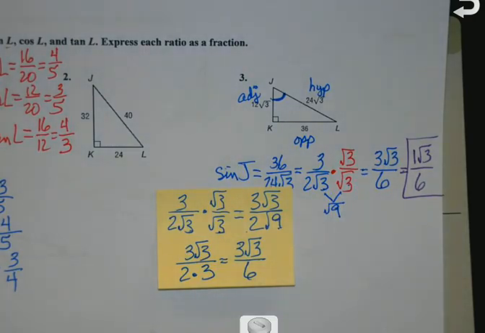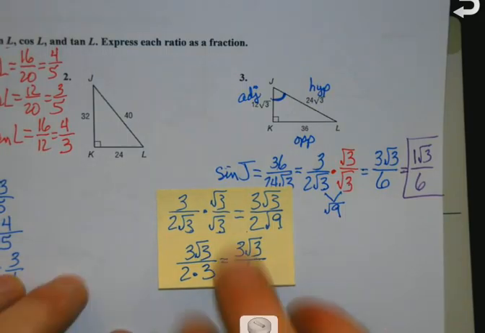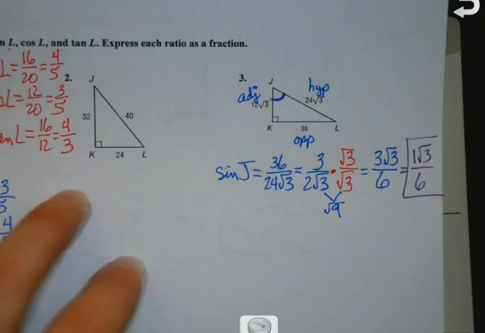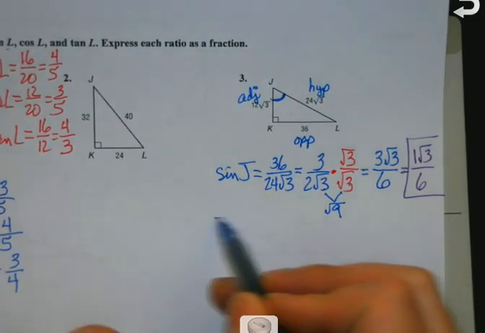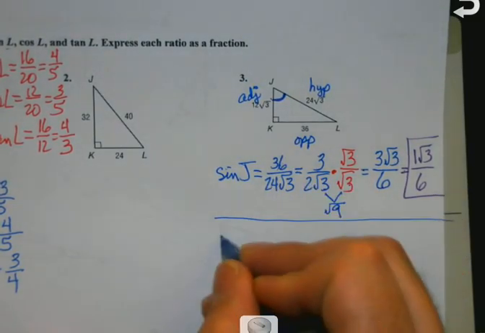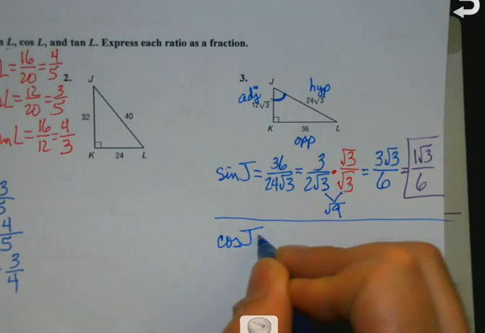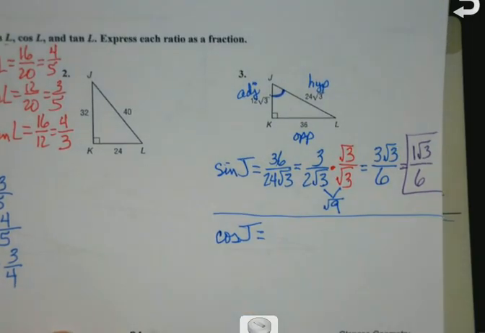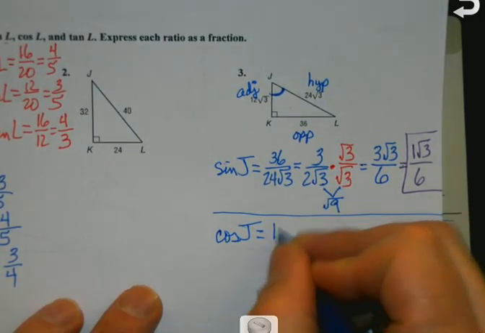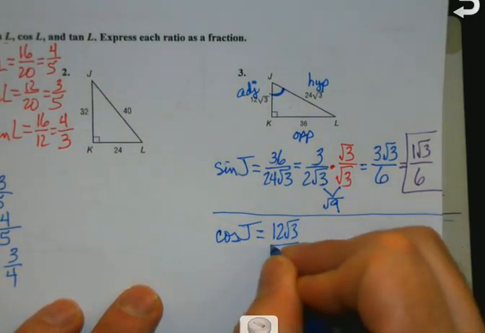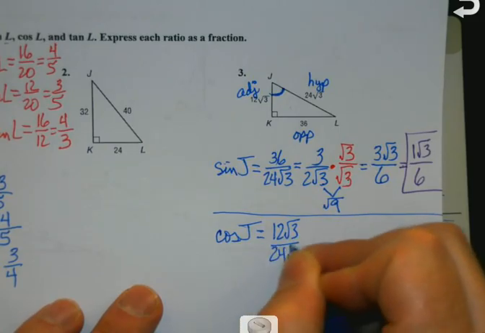So that's how I've got to deal with it if I end up with a radical in the denominator. And that only happens sometimes. Okay? There's some ways to avoid that at times that are going to make my life easier. But sometimes we'll just have to deal with it. Okay, cosine, adjacent over hypotenuse. Now this time we get a break.